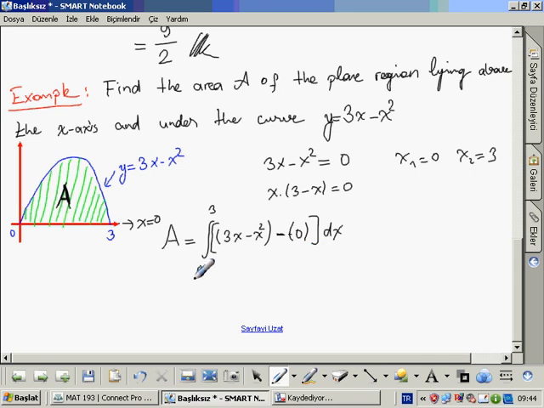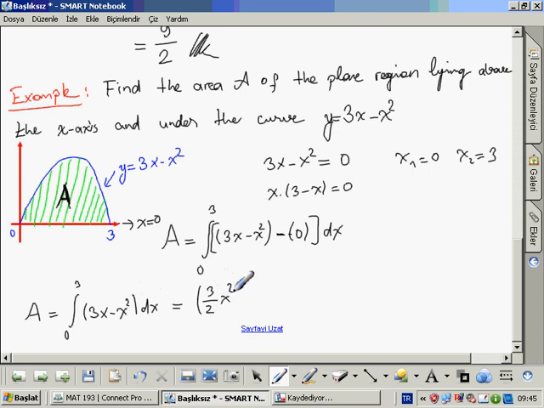So the total area can be found from this definite integration from 0 to 3 of 3x minus x squared dx.